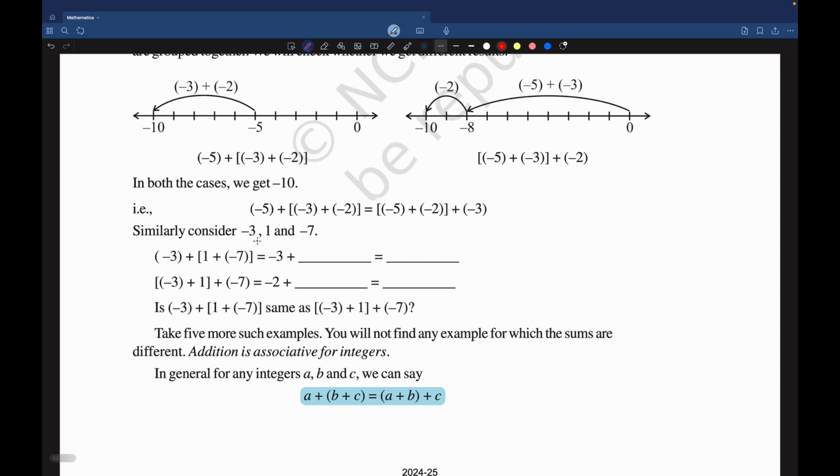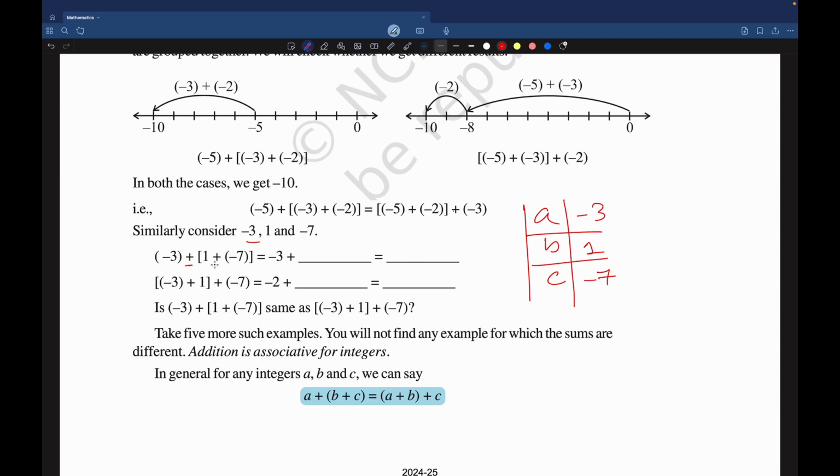They have taken one example, that is A equals minus 3, B equals 1 and C equals minus 7.